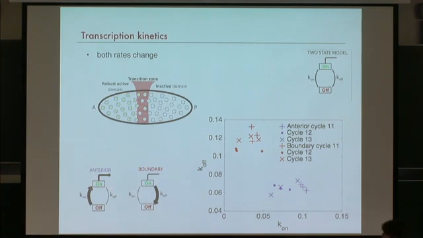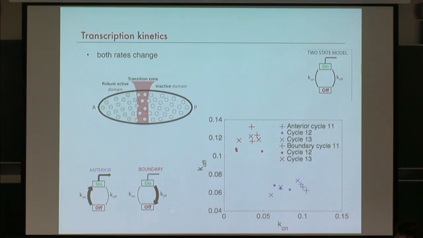In the anterior, you have a very high k-on, as you could imagine, because you have this bicoid that's basically telling you to switch on all the time. But in the boundary, you have a much higher k-off than in the anterior. Of course, it's very weird to have k-off changing.